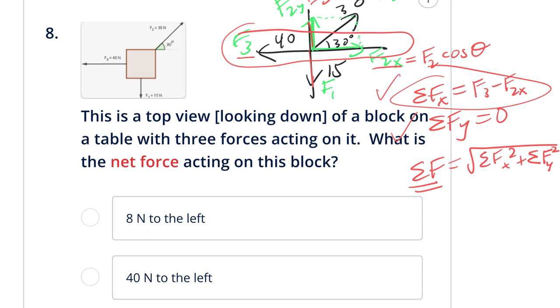But I'm not going to do that, because one of them turned out to be 0. So it simply equals what you solved for right here.